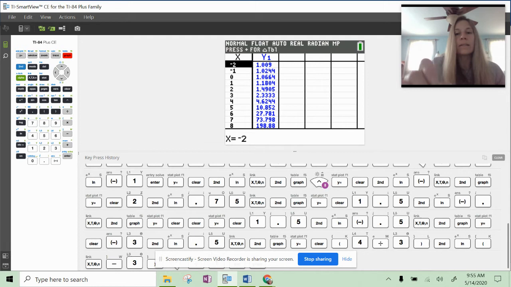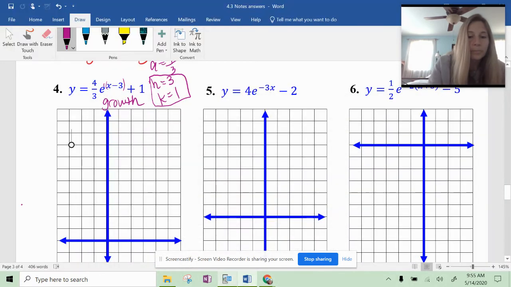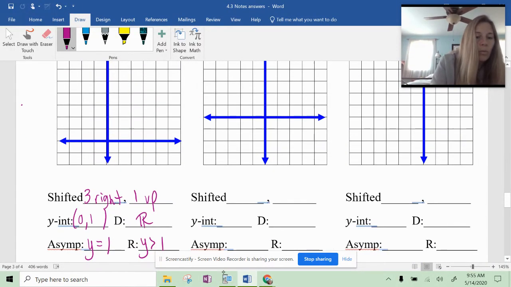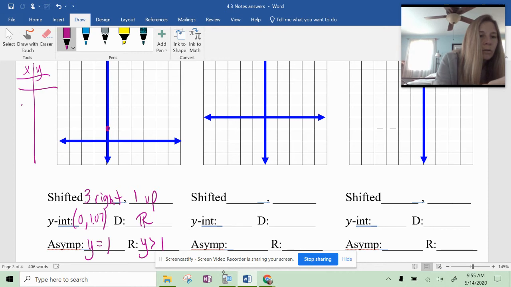I can see 0 and 1.0664. So I'm just going to make it 1.07. And if I'm doing my little chart here, 0, 1.07, -2, -1, 1, and 2.